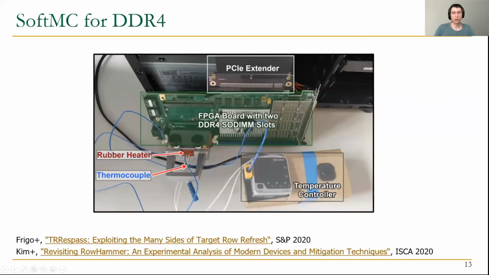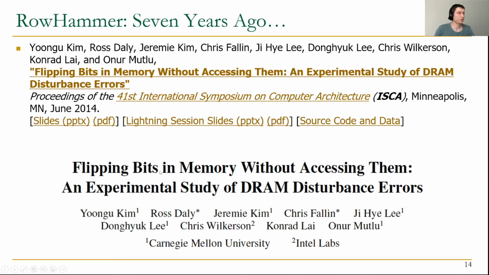Yeah, so basically FPGA infrastructures enable research into RowHammer, and they provide us a deep understanding of the RowHammer problem and help us develop potential solutions. And now let's look at some examples. 7 years ago, researchers used an earlier version of SoftMC to find the RowHammer issue in DRAM.